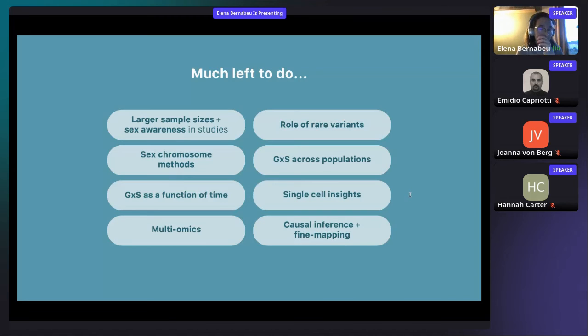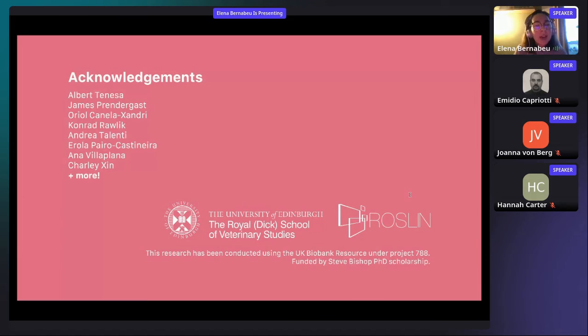So it wouldn't be crazy to think that gene by sex is also a function of time, and it will be really interesting to see how it varies from time period to time period in everybody's lives. Beyond that, single cell insights, multiomics, and better causal inference and fine mapping will also give clues into everything that we're saying.